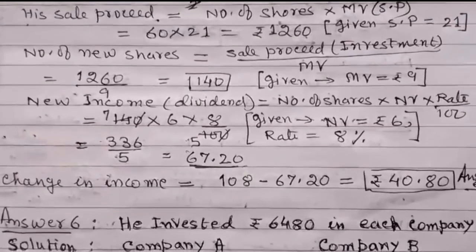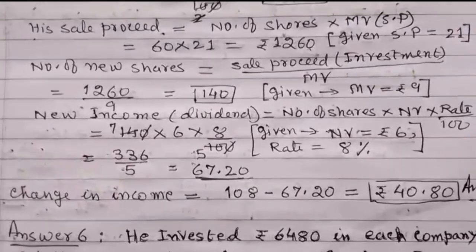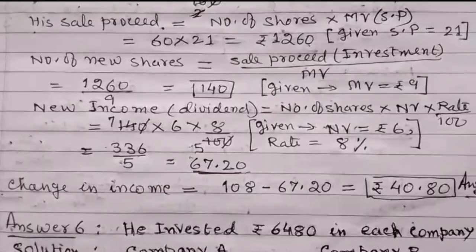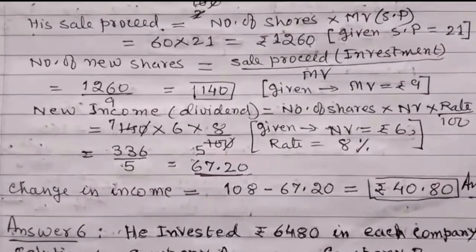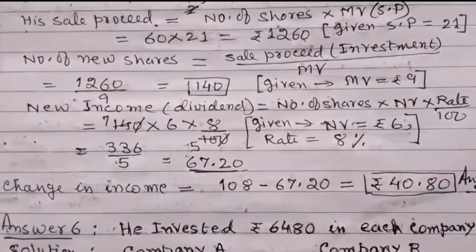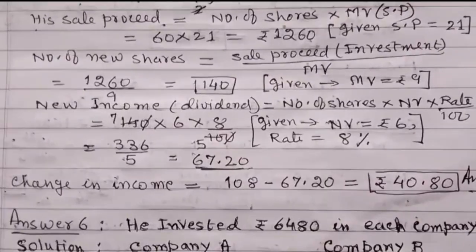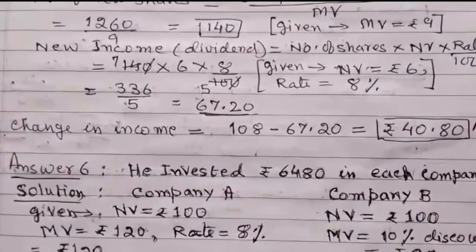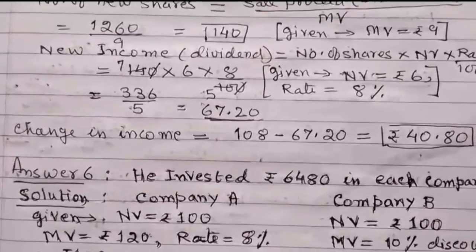So his change in income is equal to rupees 108, which was his earlier income, minus 67.20, his new income, which is equal to rupees 40.80. Hence, the answer is the change in his income is rupees 40.80.